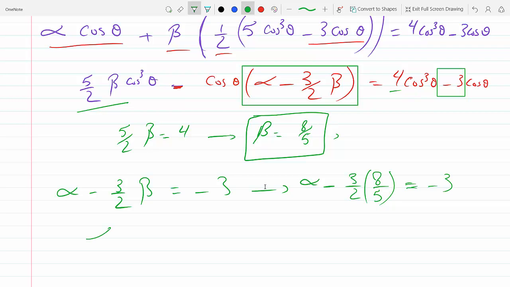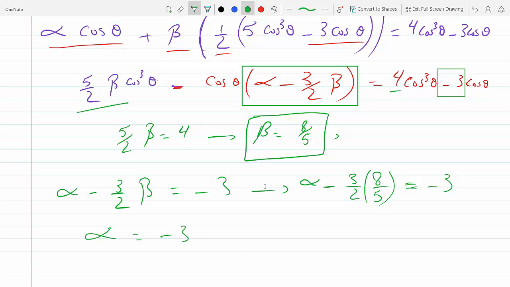So this is minus 3 plus 12 over 5, which gives minus 15 plus 12, minus 3 fifths. So this is your alpha.